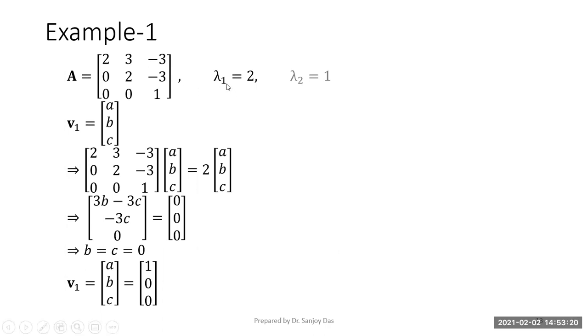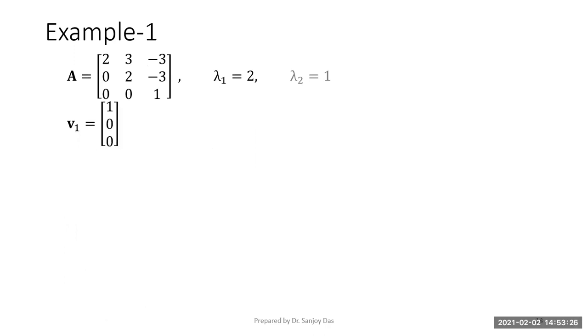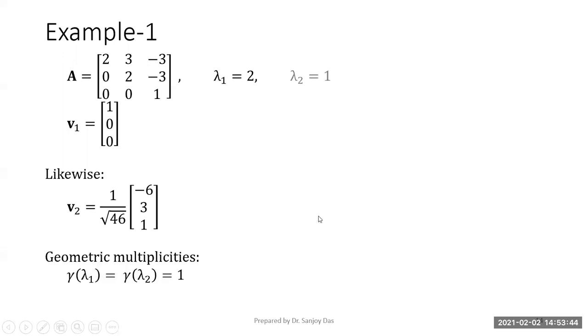So for lambda 1, we have only one eigenvector, v1 equals 1, 0, 0. And likewise, you can take lambda 2 equals 1 and find the corresponding eigenvector, which actually gives you this. You can try this separately.